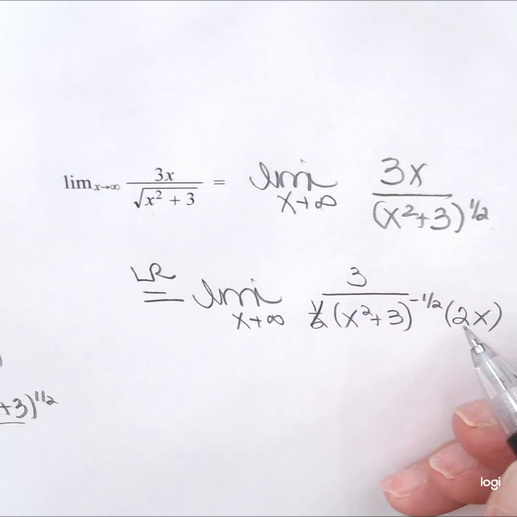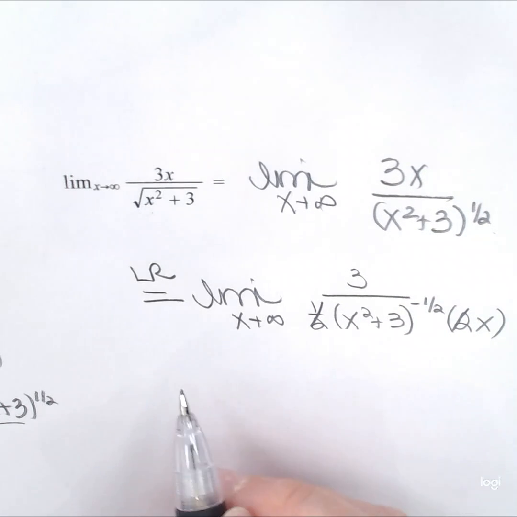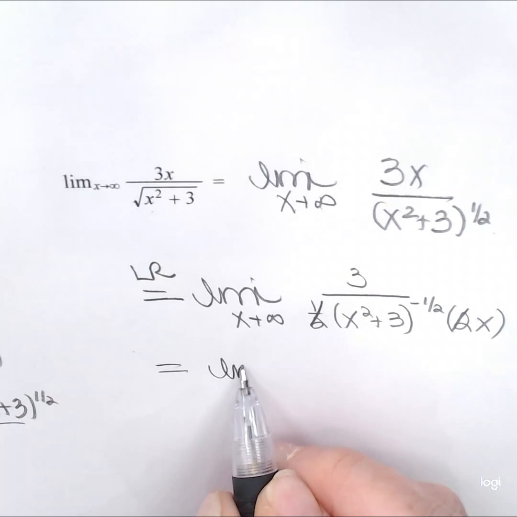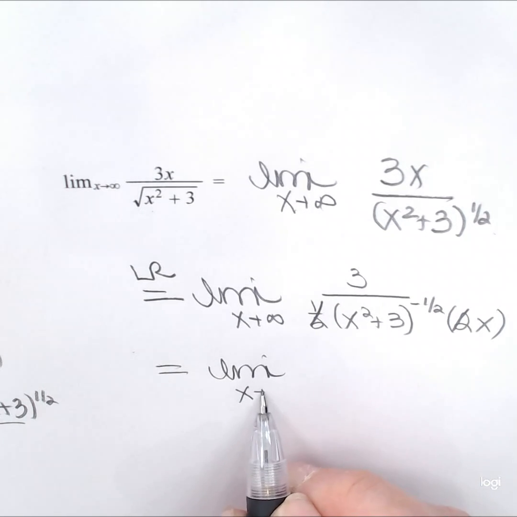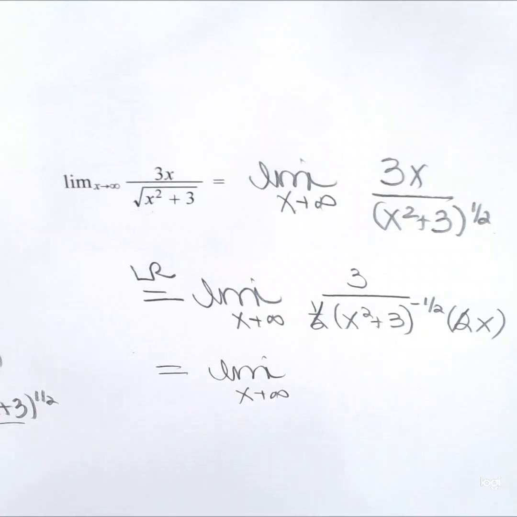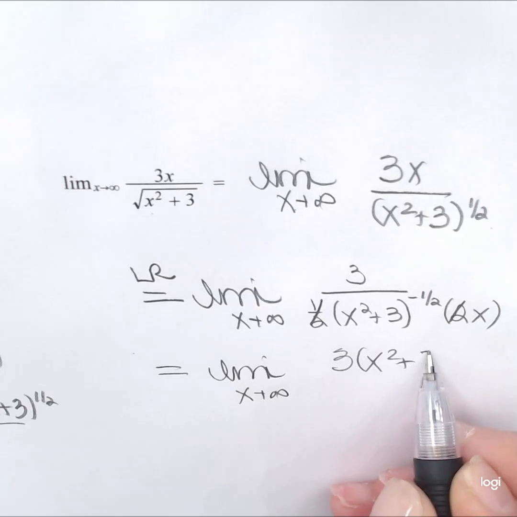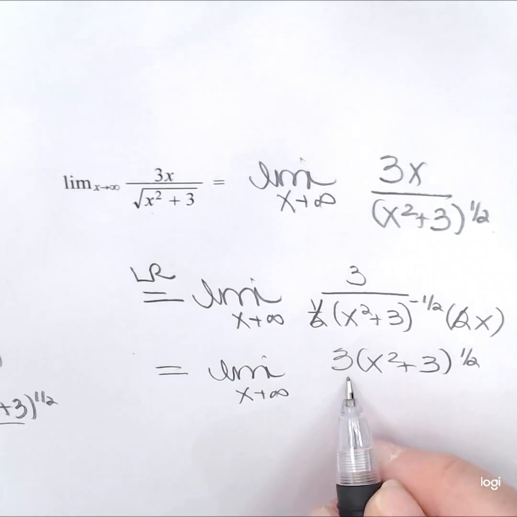Now, this 1/2 and this 2x are going to cancel out, so let me rewrite and clean up what I have here. This is going to then give me the limit as x approaches infinity of 3 times x squared plus 3 raised to the 1/2 over x.